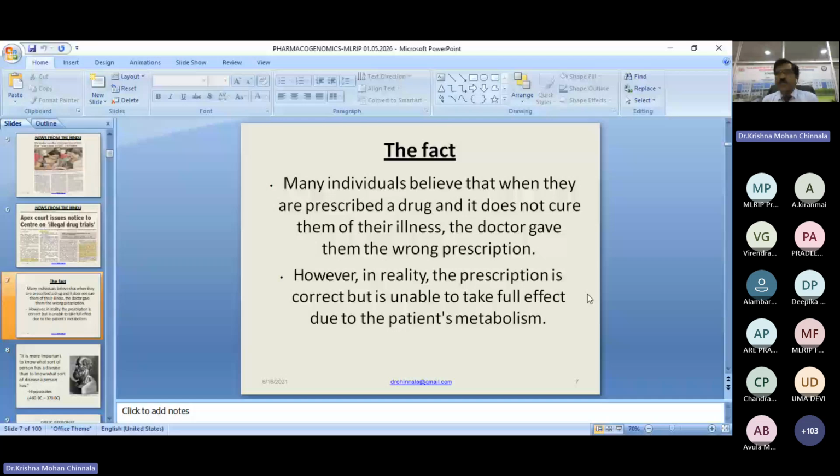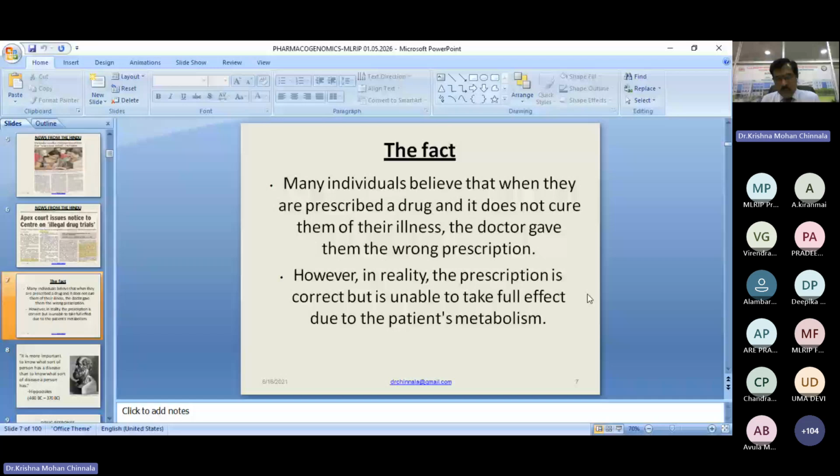Just because of his body nature or metabolism, he was unable to give full effect towards paracetamol. Later the doctor advised me to give the paracetamol and mefenamic acid combination, but it also worked for, I can say, 75% only.